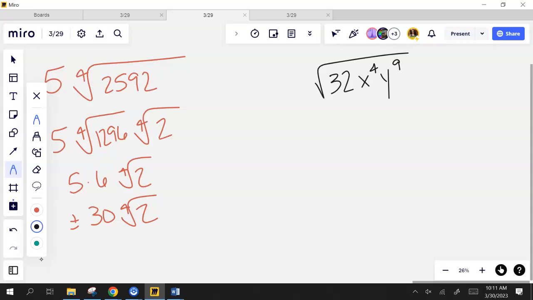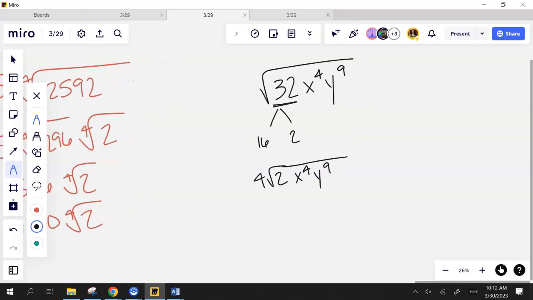Minus 4 x squared y. All right, let me show you what you do. You're right on this. The 32 I can split up, right? 16 and 2. Which gives me 4 times the square root of 2, but I still have, under the square root, x to the 4th and y to the 9th.